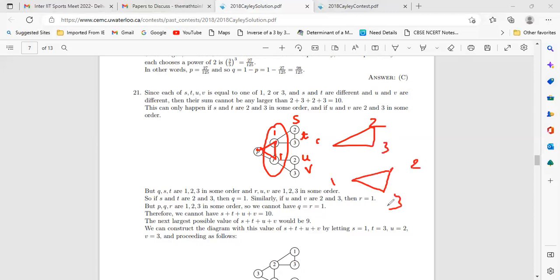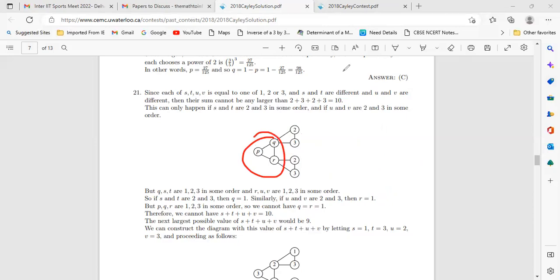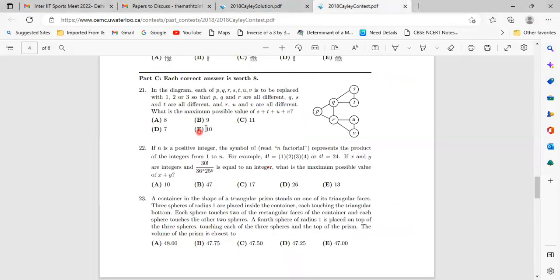But if you put 1, 2, 3 for these two triangles, here you're going to have repetition. Q and R would both have to be 1, so you cannot have this option. Which is why they're saying that you shouldn't have S plus T plus U plus V as 10. So you can cut option E.